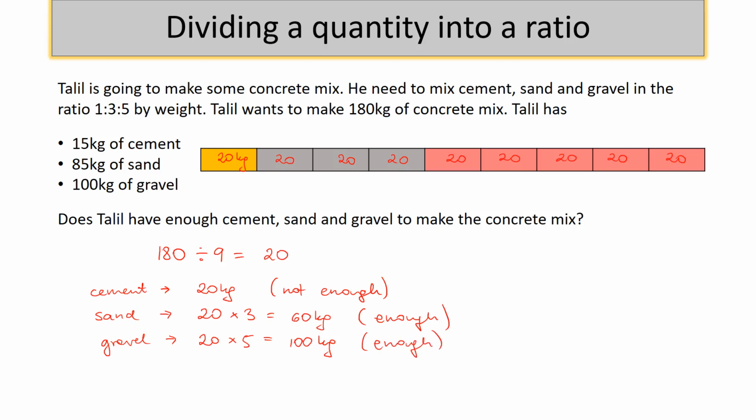But unfortunately, cement is the ingredient that he doesn't have enough of, so he cannot make the concrete mix. So Talil doesn't have enough cement.